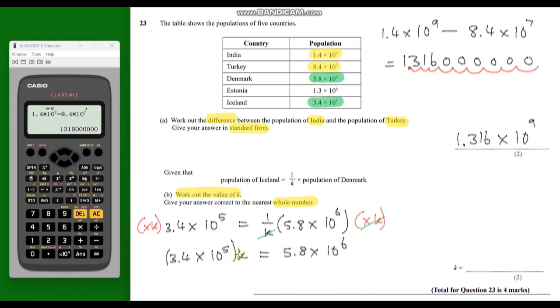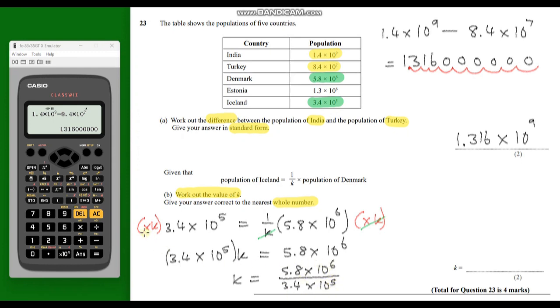And now, to get k on its own, we're just going to divide both sides by what we've got in brackets. So k is going to be equal to 5.8 times 10 to the power 6, all of that over 3.4 times 10 to the power 5.